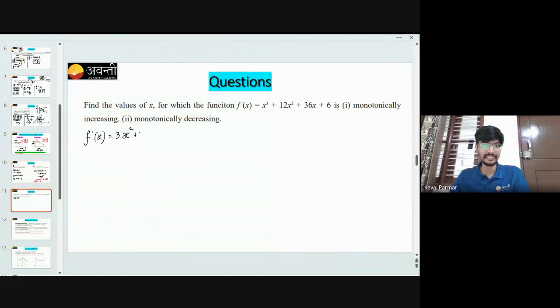F dash of x will be 3x square plus 24x plus 36. So what does this mean?